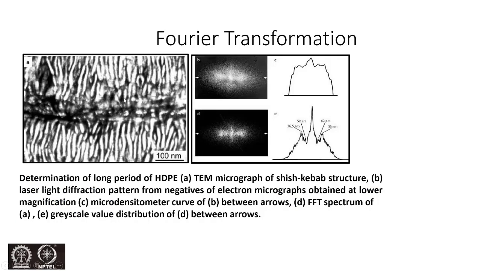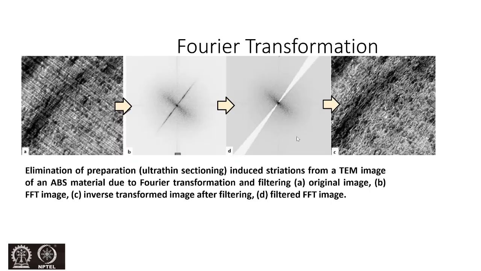Similarly for different materials, we can do this Fourier transform analysis, and then we are able to observe the spacing between the two lines. Here you can see an ABS material. These have this kind of arrangement of the planes, and then we get a Fourier transform image.